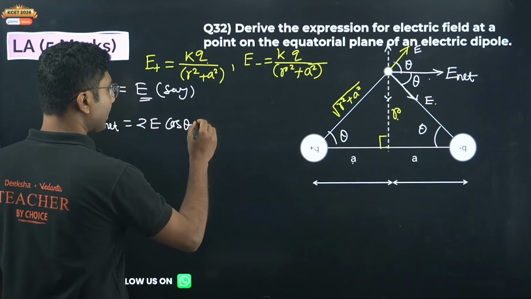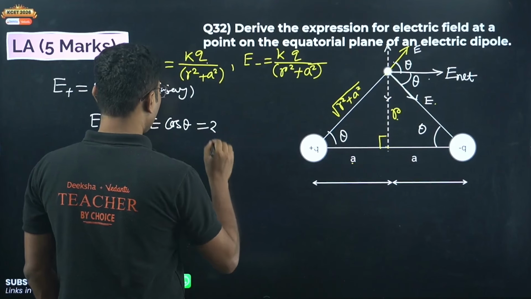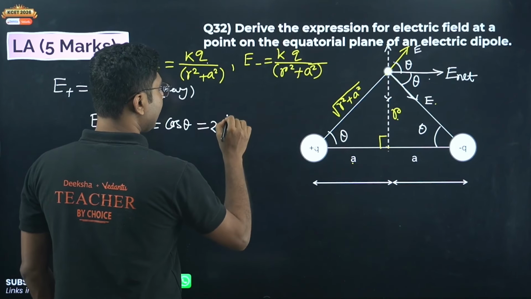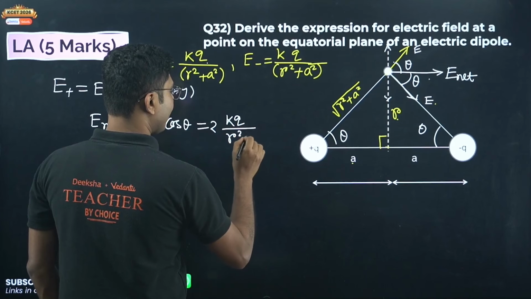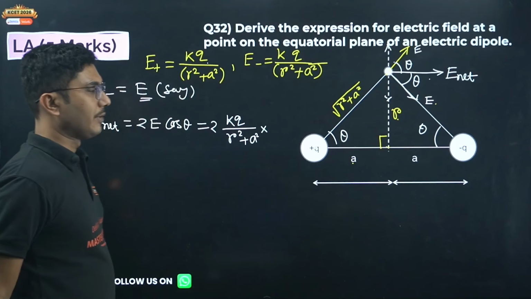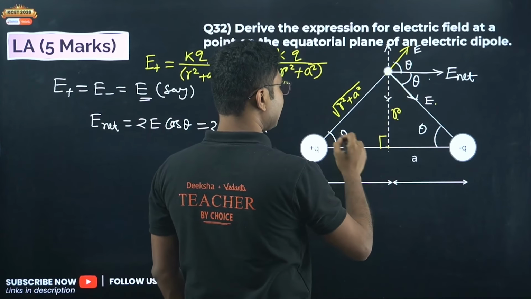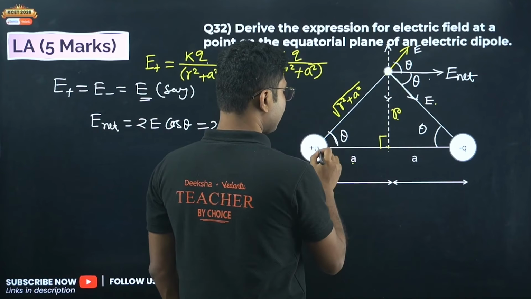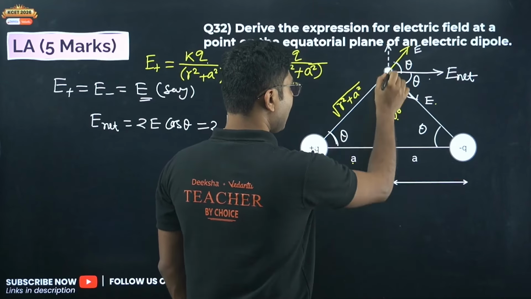Now we will put the values of E as well as cos theta. So E is kq by r square plus a square. Now what about cos theta? Let us consider this triangle. In this triangle, this is the angle theta. Cos theta means base by hypotenuse.